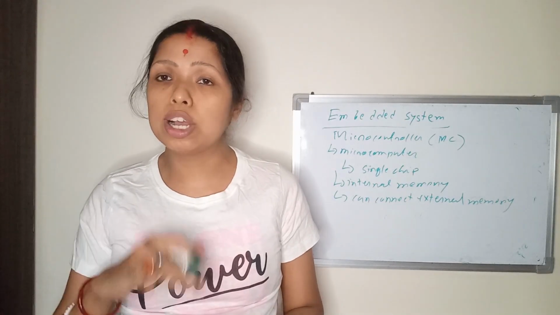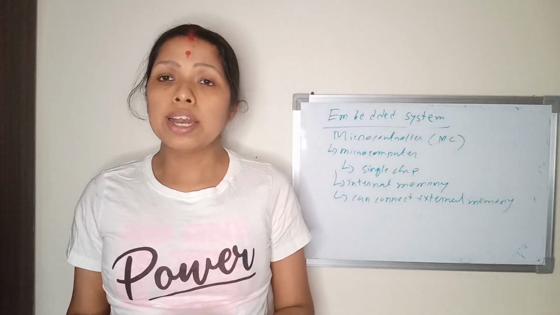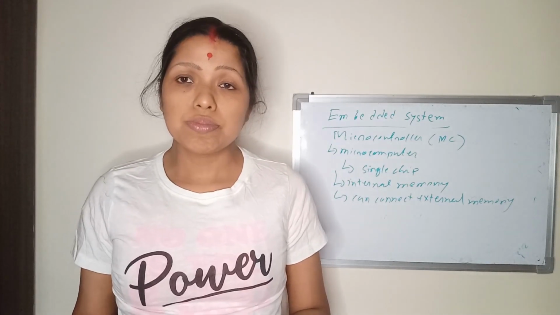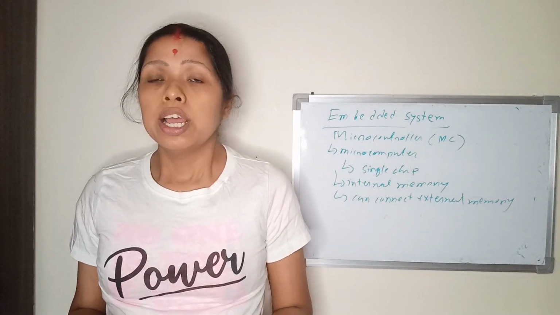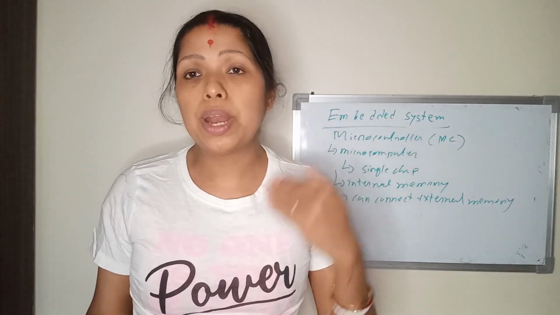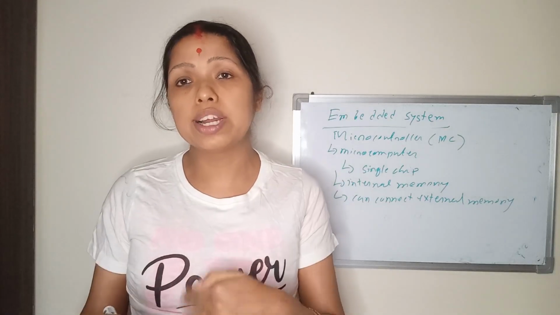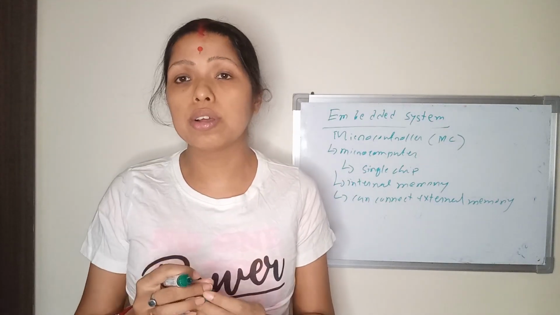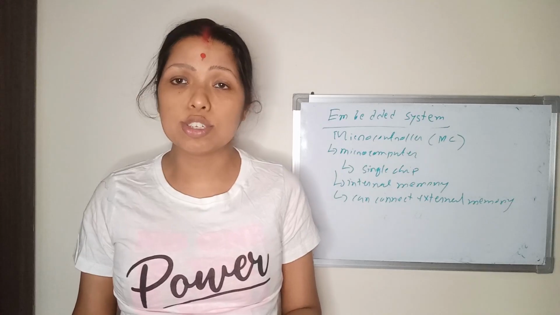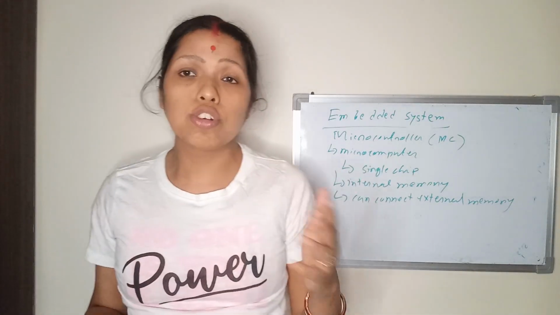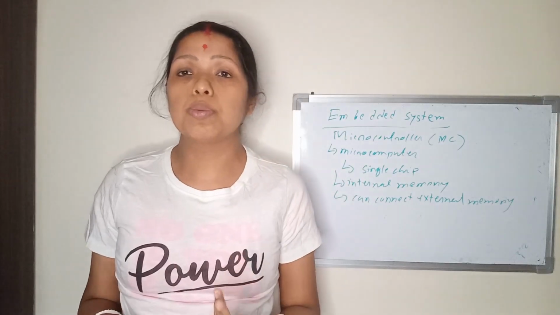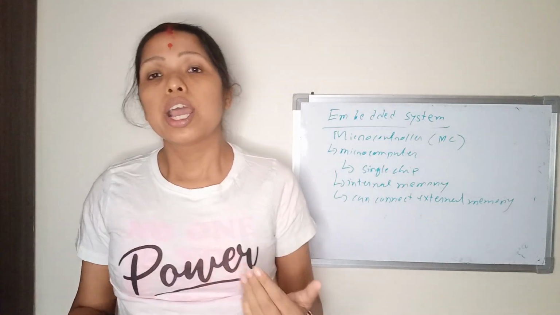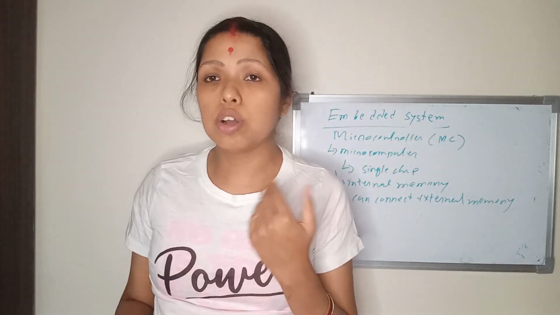Suppose you have a washing machine or an AC. It will detect the temperature, and then the microcontroller will know that if the temperature is this, it can automatically control the fan or start the motor. Like this, the microcontroller collects input from the sensor, executes some code, and accordingly gives the output to the actuator or motor.